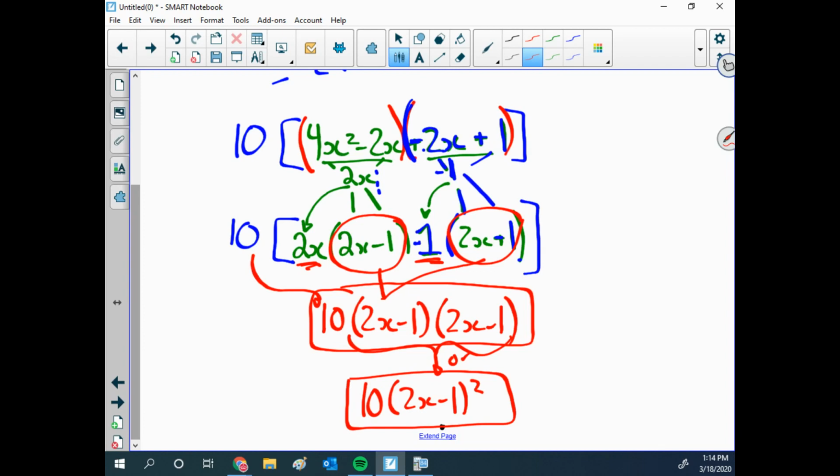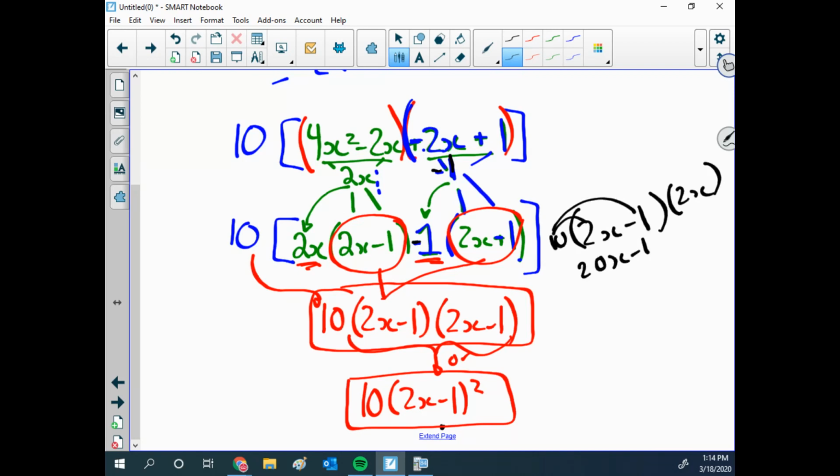I also want to point out here, had I not taken out a negative number, or just had I not taken out a 1 altogether, this would just be 2x minus 1 times 2x, and if I'm multiplying by 10 and I multiply this all out, times that by 2x, sorry, 40x squared minus 20.